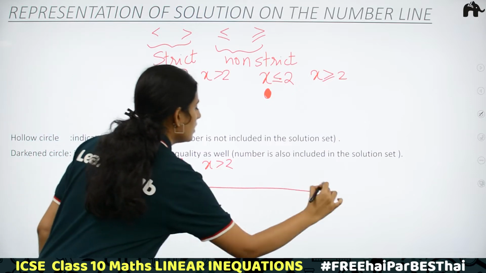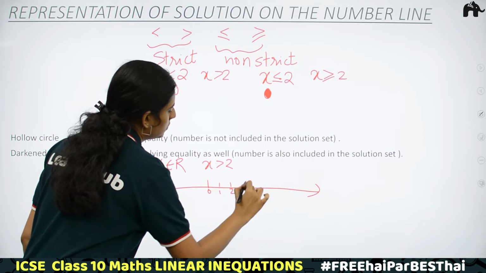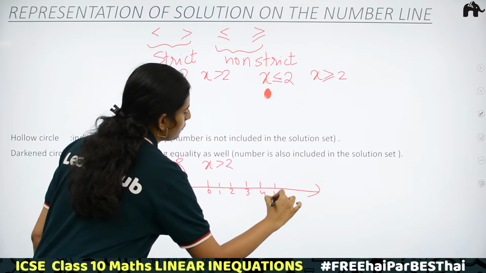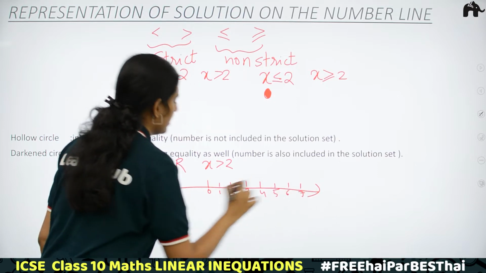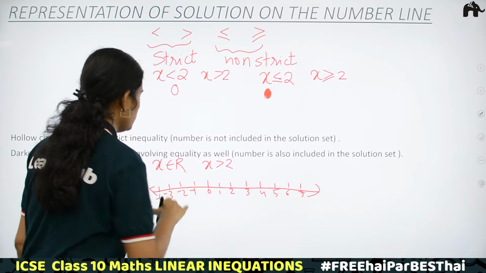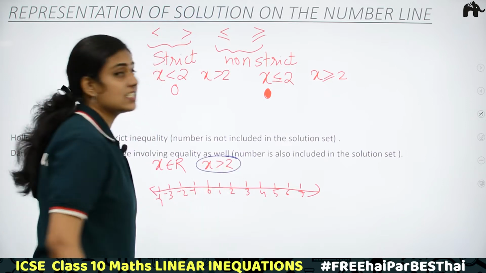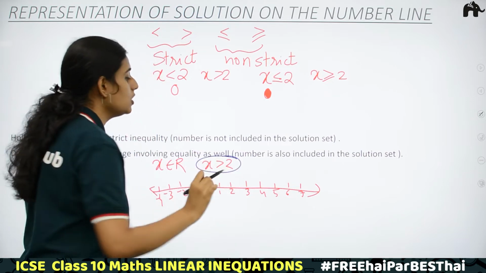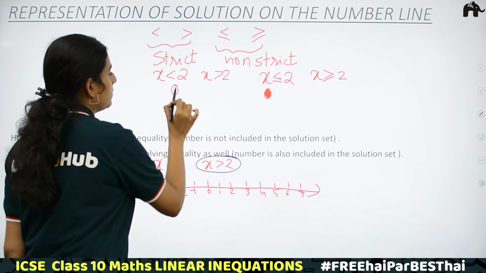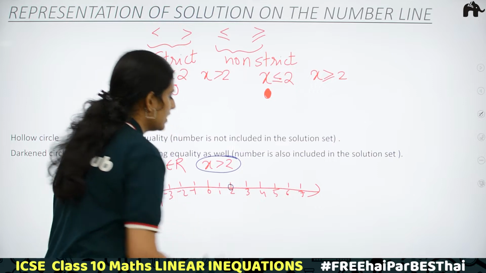First, draw a real number line, mark points 0, 1, 2, 3, 4, 5, 6, 7. Minus 1, minus 2, minus 3, minus 4. Find the point 2. Here we are using a strict inequality, which means the point should not be included. That is, we will be using a hollow circle. Find the point 2, use a hollow circle here.